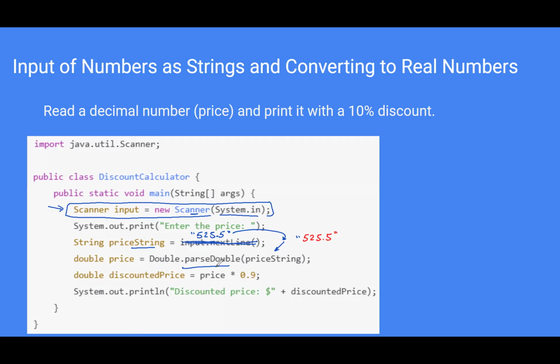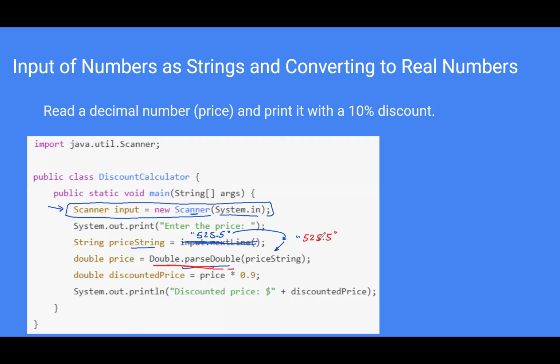Do you know what this line does? The line you just underlined. Yes, exactly. It's basically converting the price string to double. Excellent understanding.